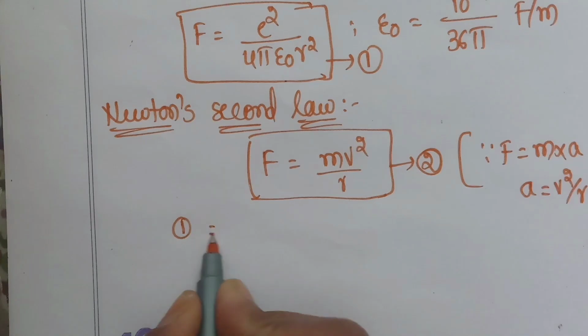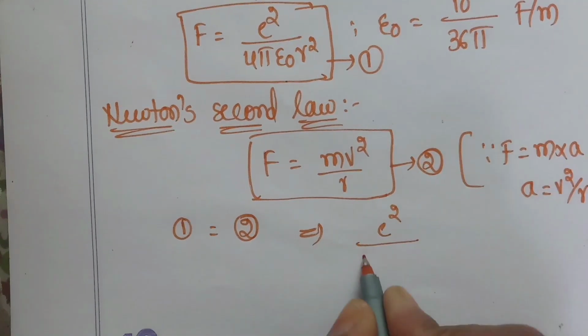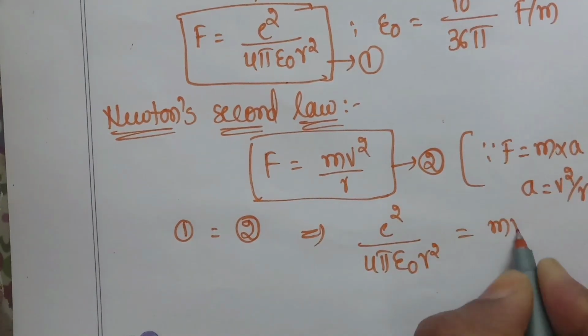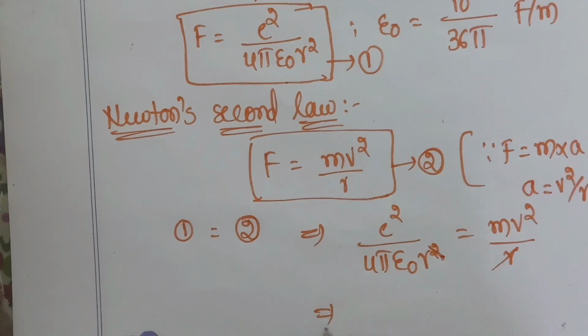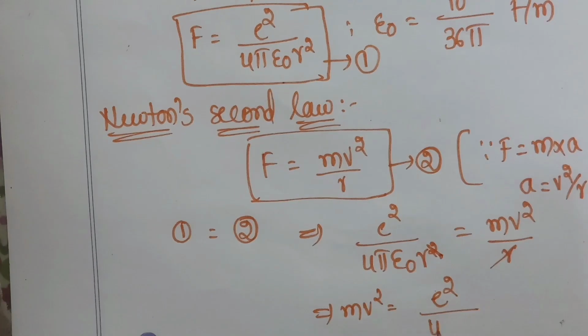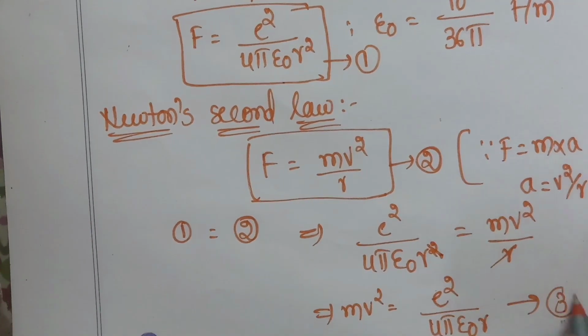According to our assumption, 1 must be equal to 2. That implies E square by 4 pi epsilon naught r square must be equal to mv square by r. If we cancel r here, we get mv square is equal to E square by 4 pi epsilon naught r. Let us say this is equation number 3.